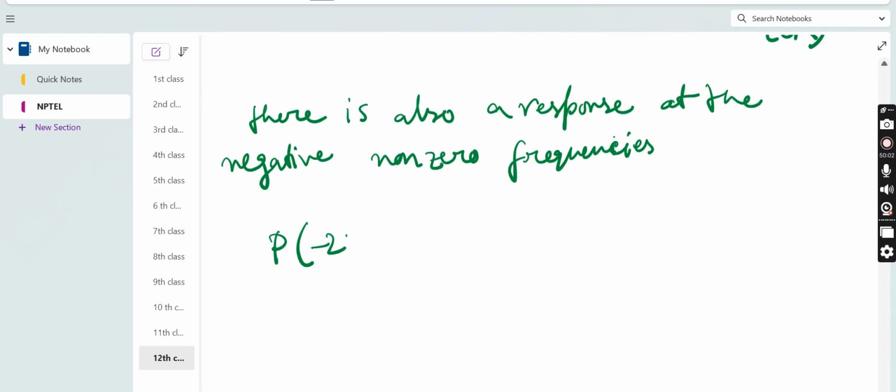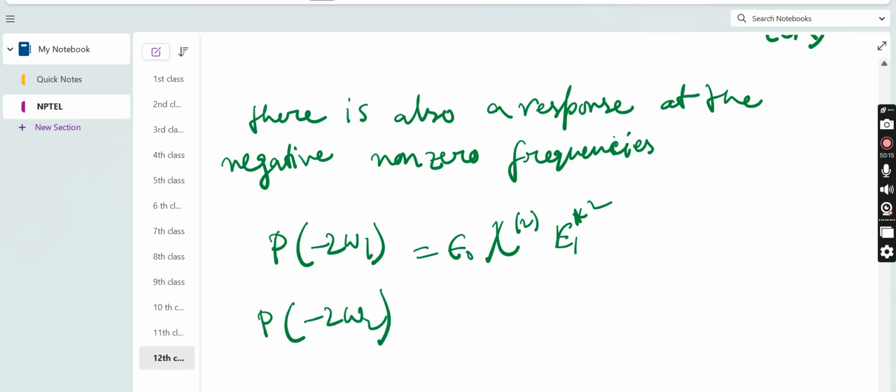So the complex amplitude of those terms is epsilon naught chi 2 E1 star whole square. Physically, negative frequency doesn't have any meaning, but here, due to calculation, we have those terms. And likewise epsilon naught chi 2 E2 star whole square.